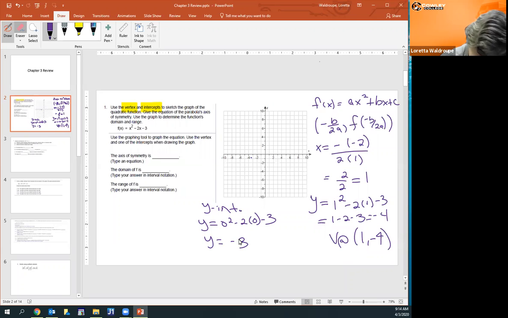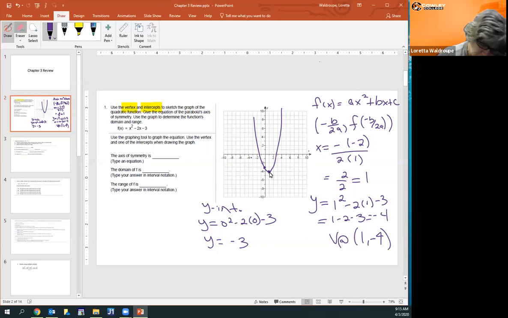So if I look at this graph and I plot the point 1, negative 4, now make sure you're picking the parabola that is the vertical one when you pick it in my math lab. Then my y-intercept is negative 3. My math lab will automatically sketch that parabola for you.